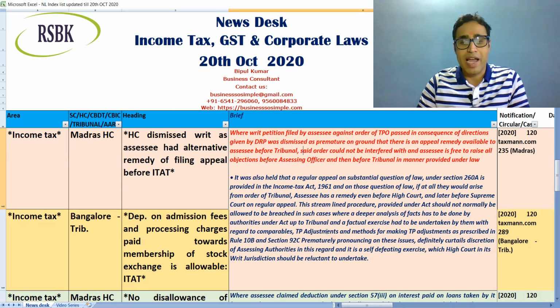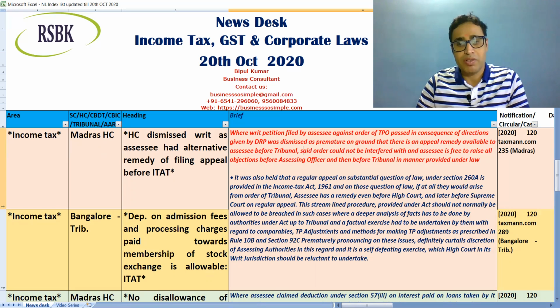This streamlined procedure provided under the Act should not normally be allowed to be breached in such cases where a deeper analysis of the facts has to be done by authorities under the Act up to the tribunal, and a factual exercise had to be undertaken by them with regard to comparable transfer pricing adjustment and method for making transfer pricing adjustment as prescribed in Rule 10B and Section 92C.